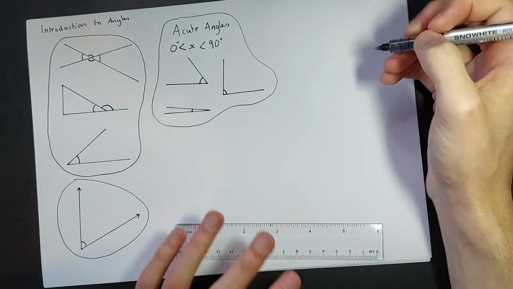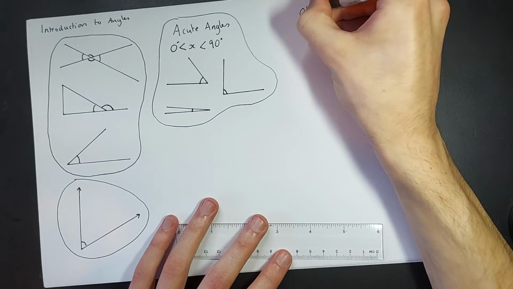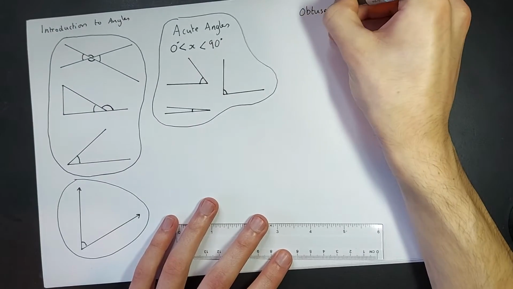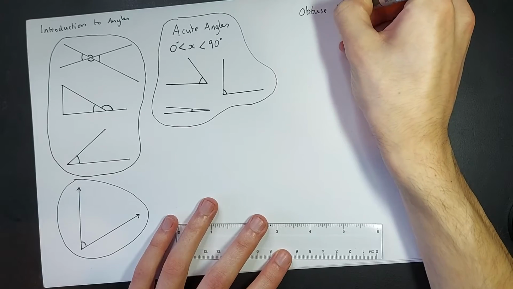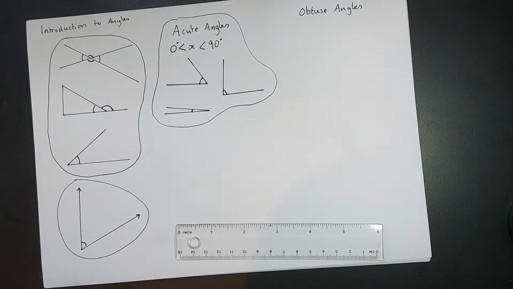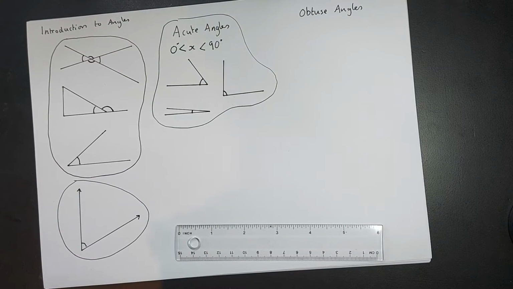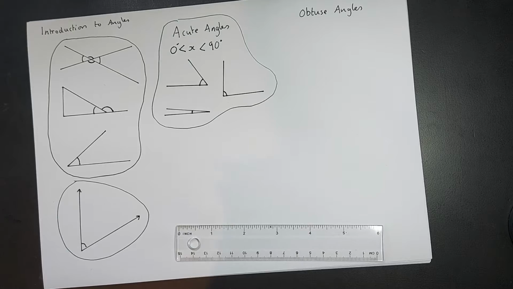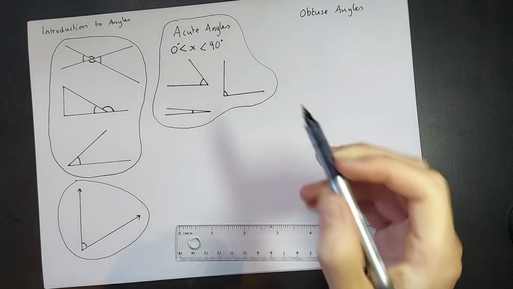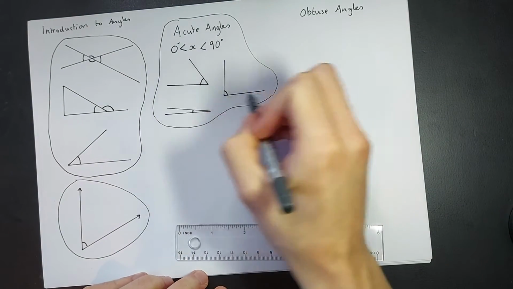The next kind of angle is obtuse. Obtuse angles are less than 180 degrees, so less than a straight line, but more than 90 degrees, so more than a right angle.